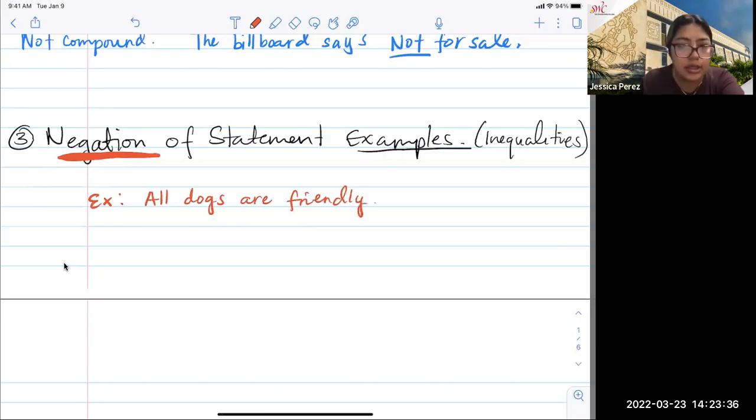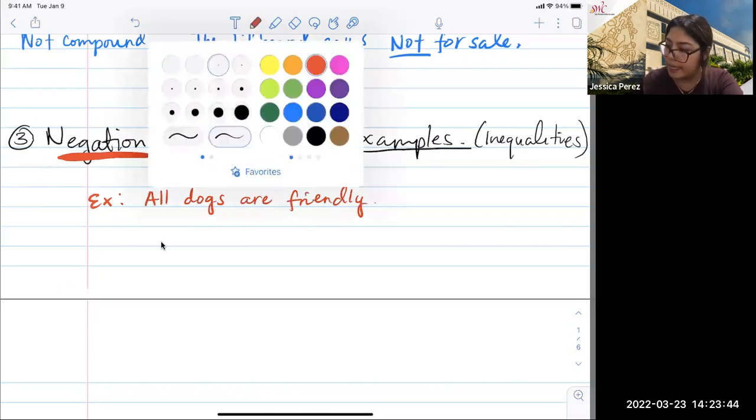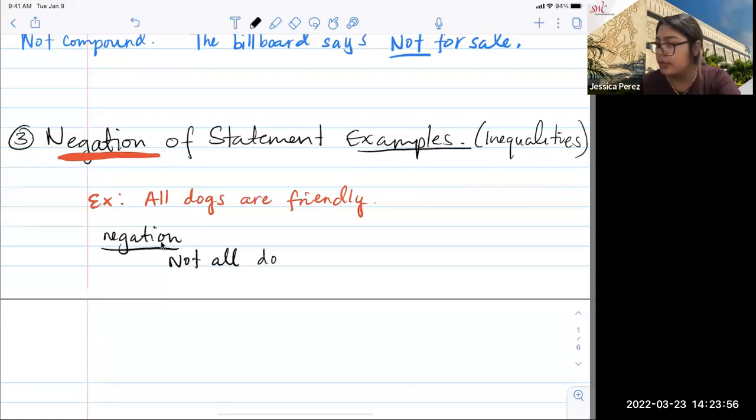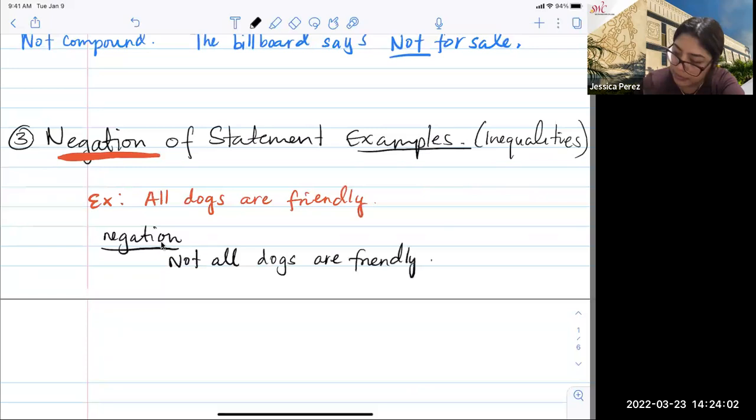The negation of all will be: not all dogs are friendly. That would be the negation.